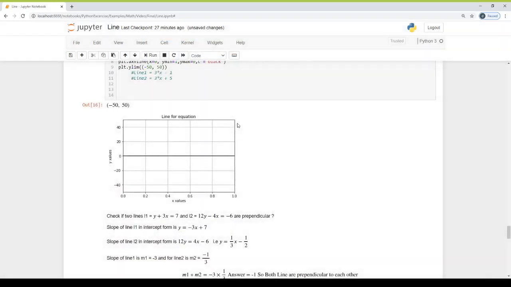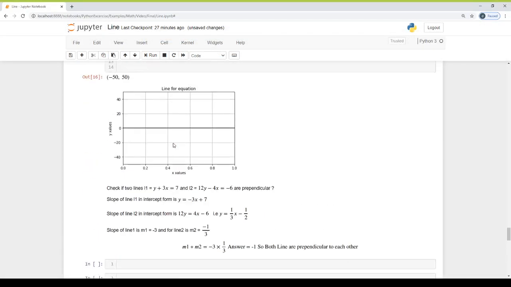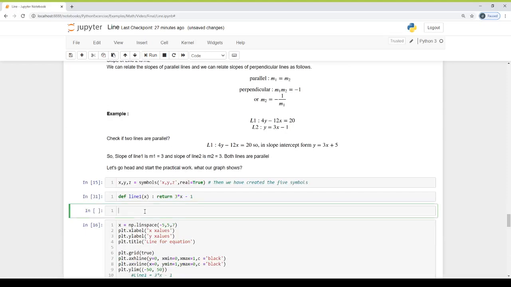Then define line 2, and we will pass the value of x. Our first equation is 3x minus 1 and the second equation is this, our L2 equation.